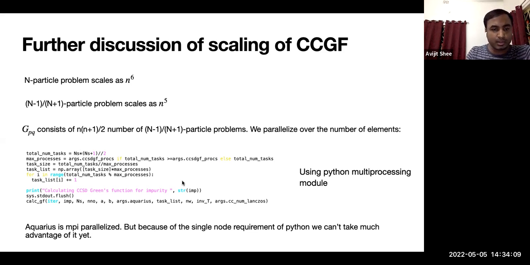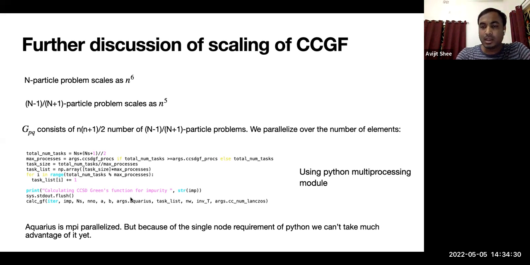But one point I wanted to emphasize is that for this coupled cluster Green's function implementation, the code that I developed is in Aquarius, and the code itself is MPI parallelized.